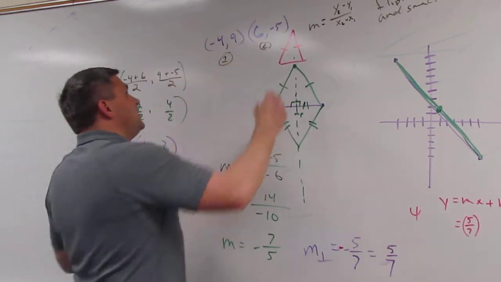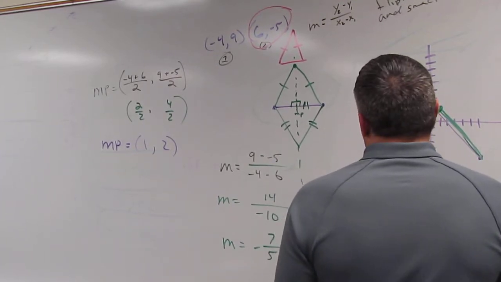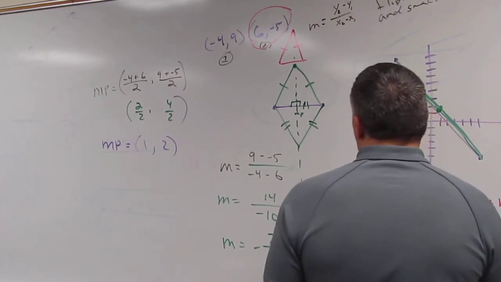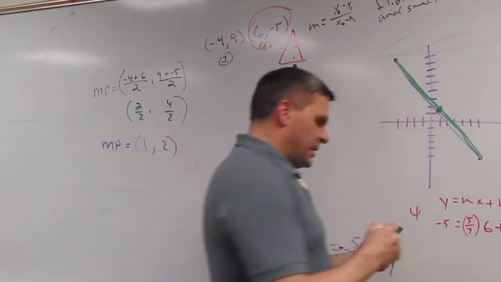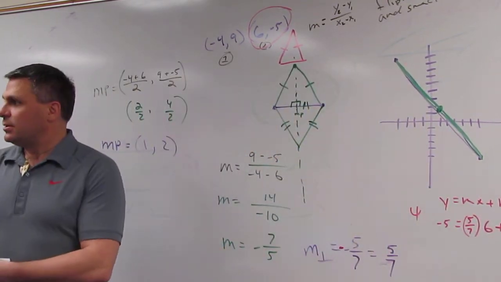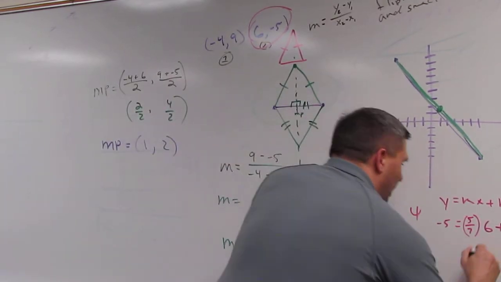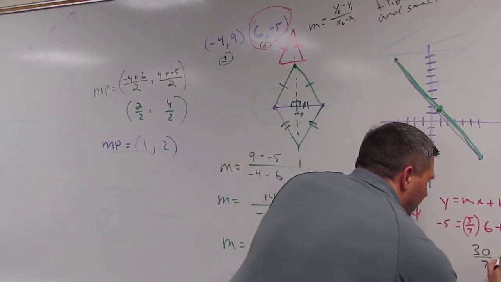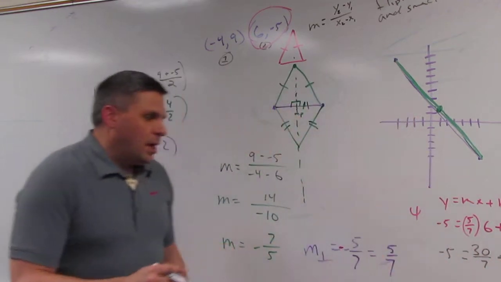Which one do you want to use? I like 5s, I don't know. So, okay, so my x is 6, and my y is negative 5. It doesn't matter, because I'm just doing math now. So, here we go. I'm going to find b. I have 30 over 7 plus b equals negative 5.